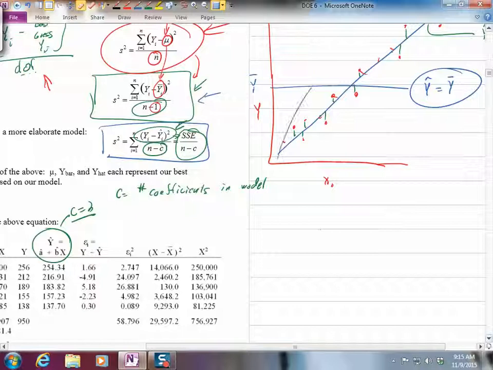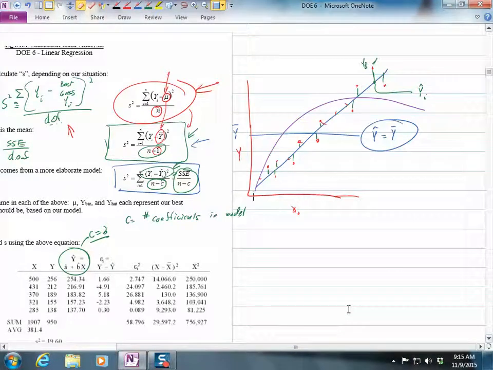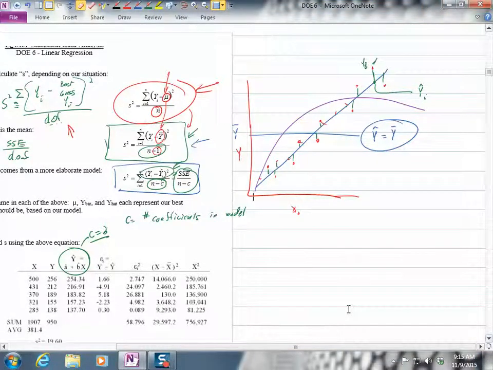So if we proposed a model like this, like that purple one, and we try to calculate s squared, or we could, right? We're going to get a huge SSE here, right? So if we calculate the noise from the purple model, it's going to be much bigger than the noise of the individual measurements from the linear model.